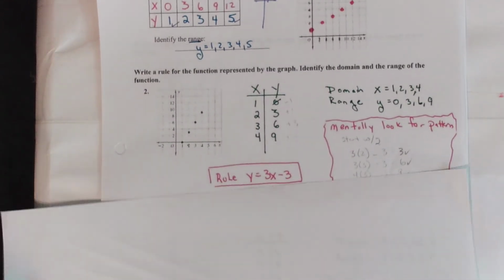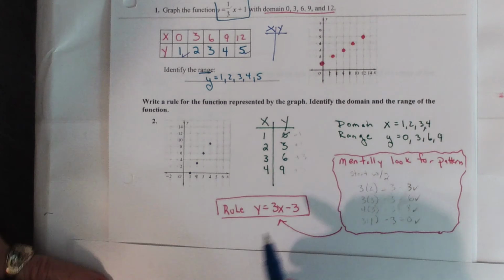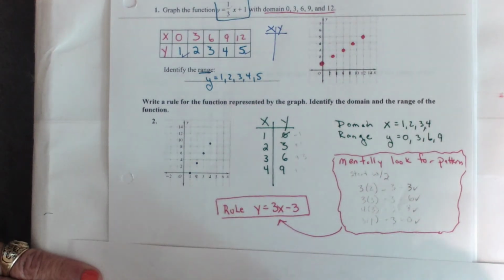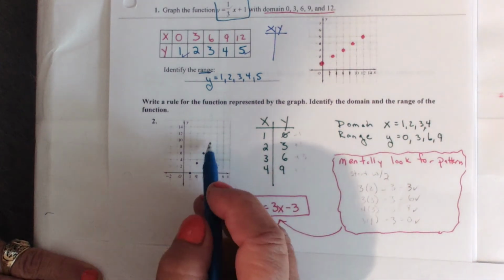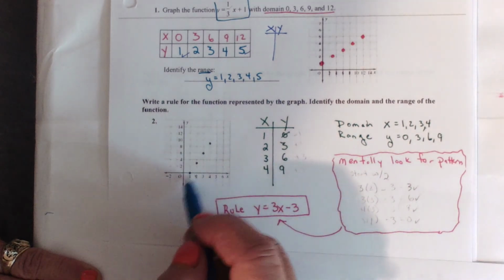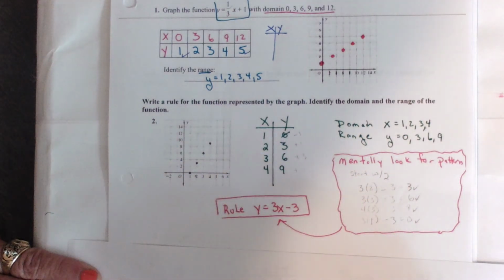So now, how many of you got the rule y equals 3x minus 3? Right? So first thing I told you is take these points, and create a table. So here's my table.